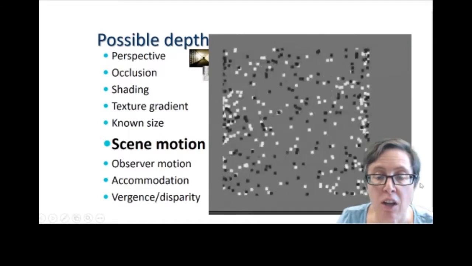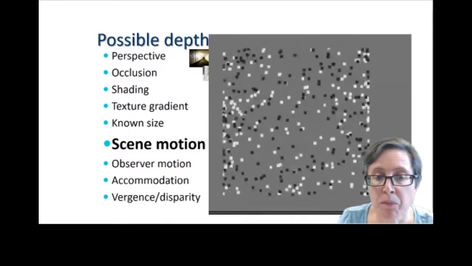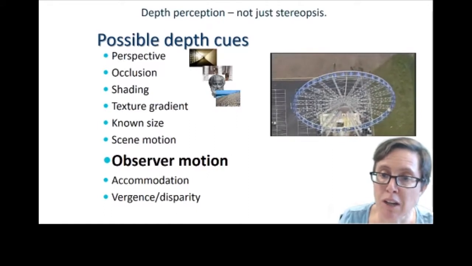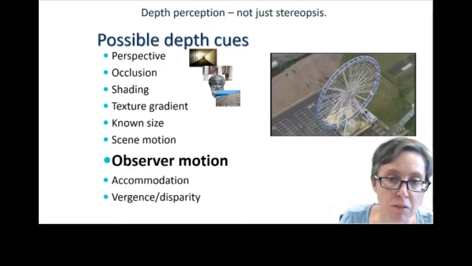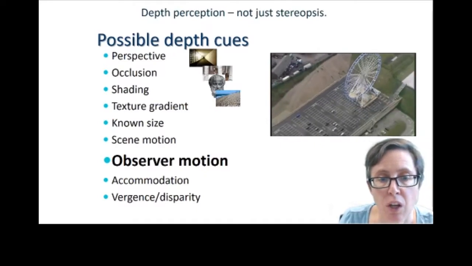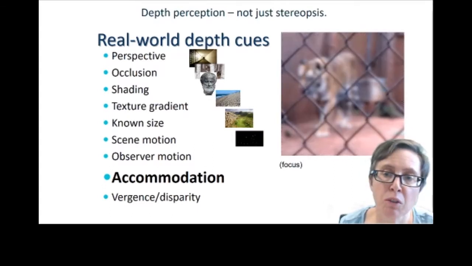So that's an impression of 3D structure that you get purely from motion. And in normal scenes, as you move around, that again is quite a strong cue to the 3D structure of the environment. As well as the blur that we talked about, you can sense, as it were, the accommodation of your own eye.